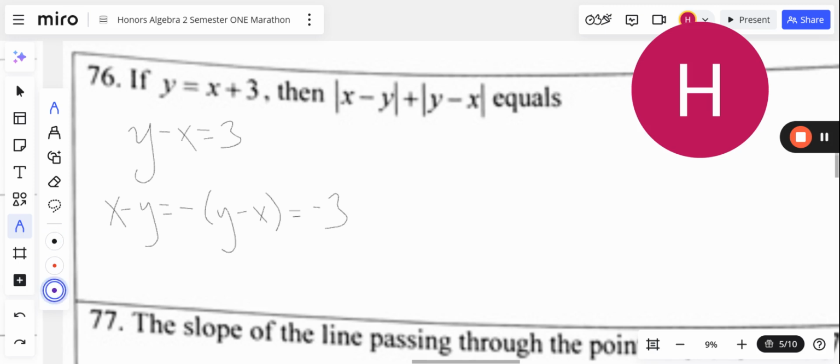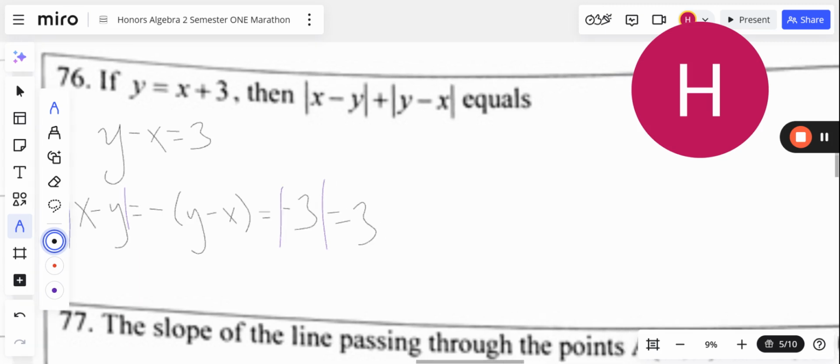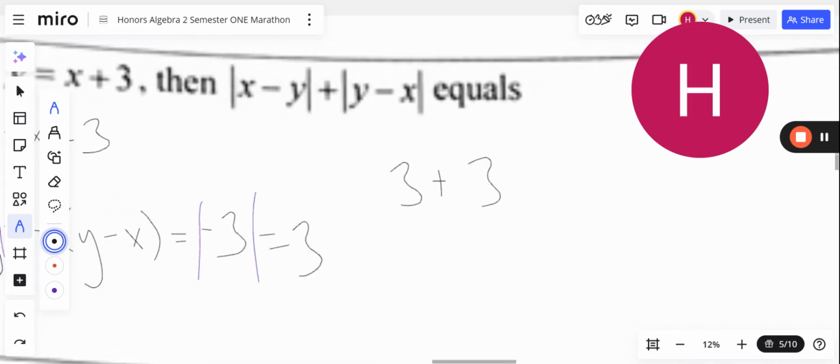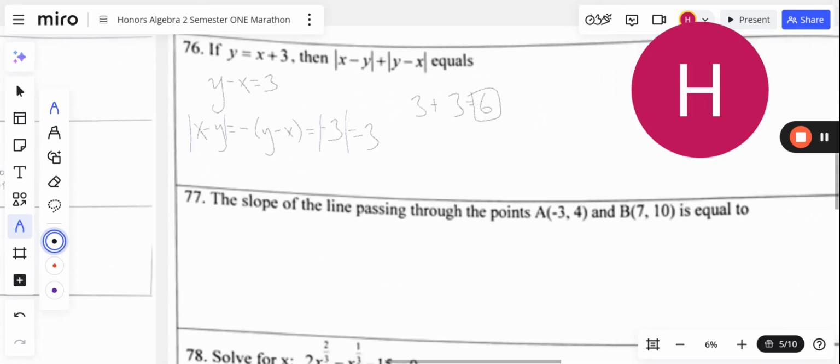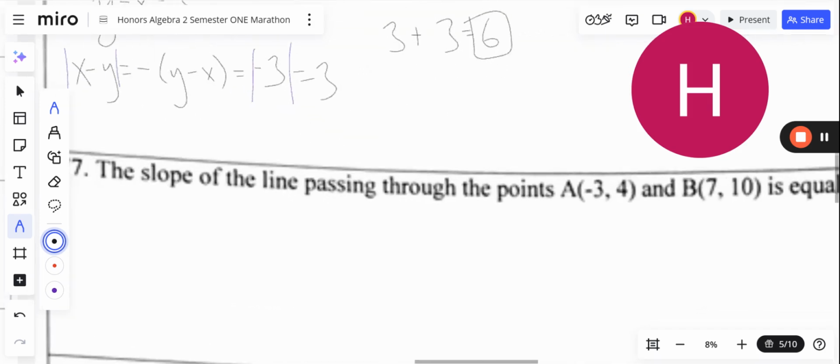But if we take the absolute value, this just equals 3 again. So those two absolute values together are simply 3 plus 3, but this one's a flipped 3, almost like it used to be a -3, but now it's +3, plus 3, because it was genuinely equal to 3, equals 6. Yeah, pretty easy.